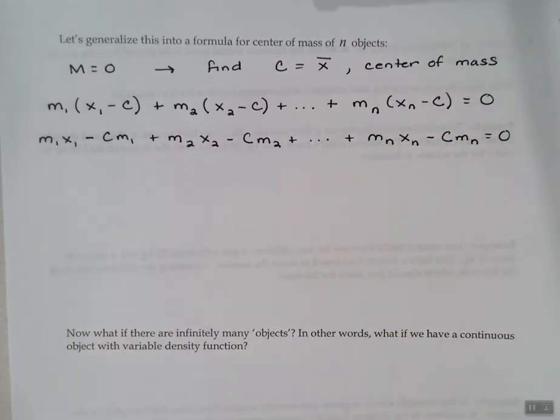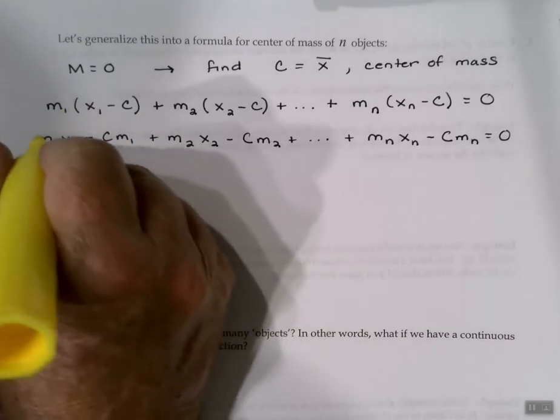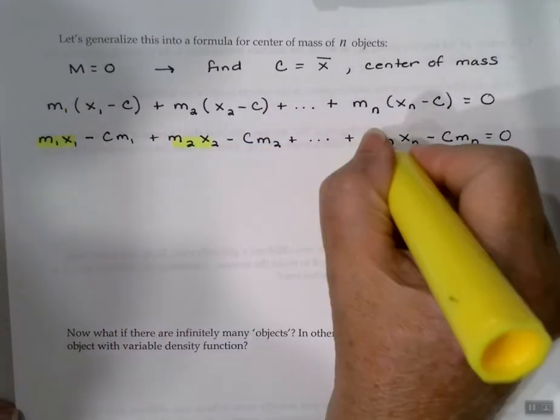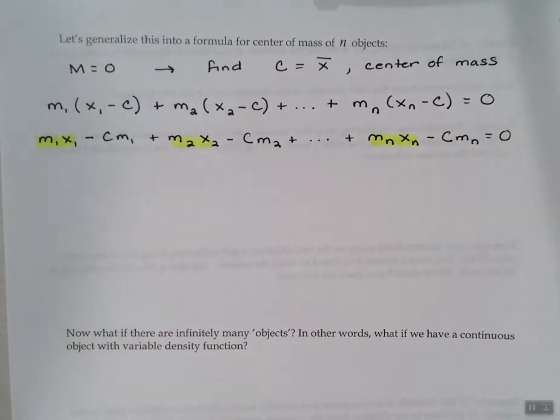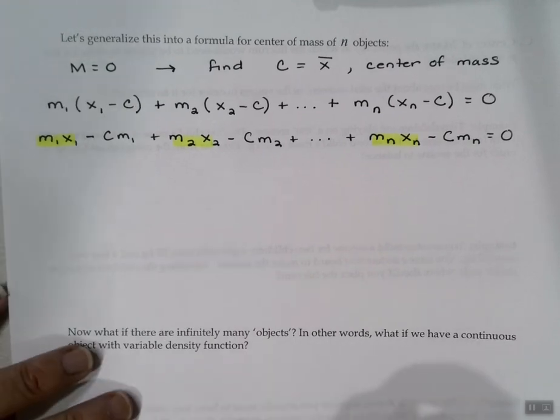And I'm going to gather all of the x terms together and then all of the c terms together. So let's see, if I look at all of the terms with x's in them, I can't really factor out, let me just write it as a sum instead.